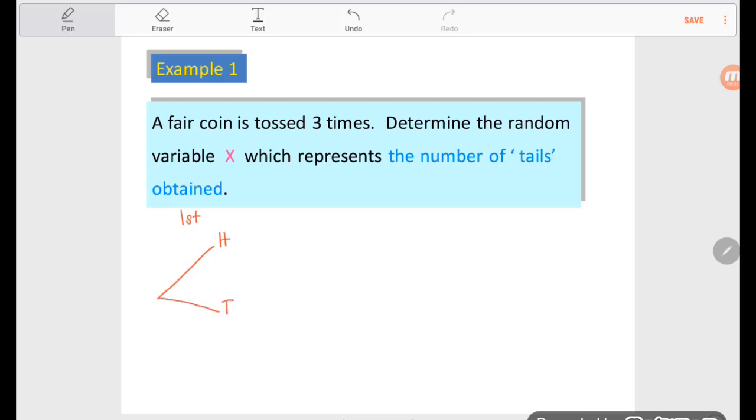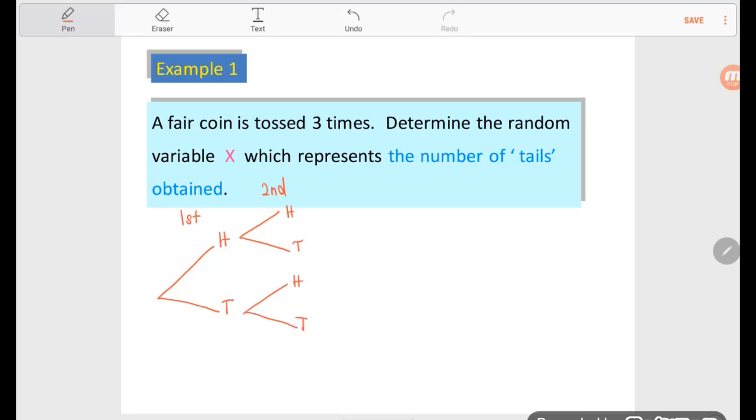If we get heads during the first toss, then during the second toss we can get another 2 possibilities, heads or tails. Likewise, if we get tails during the first toss, on the second toss we can also get heads or tails.